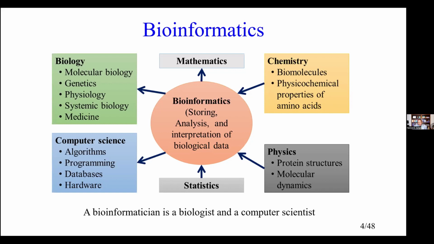So everything related to computers and computational resources and programming and databases can be done by computer science. Also in physics, the study of physicochemical properties of proteins, and in chemistry as well. So all of them play together. And of course, we are using mathematics and statistics to analyze and interpret this biological data.